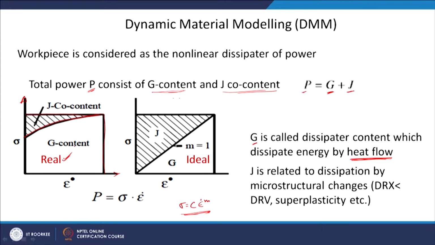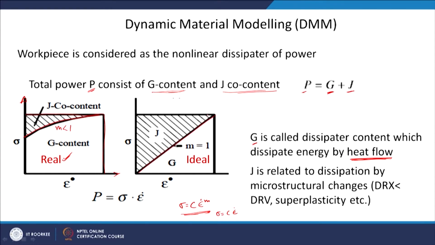Whereas, if I take an ideal system, m must be lower than 1 in a real case. If m is equal to 1, then it will obviously be a linear relationship. So, sigma will be directly related to epsilon dot, with no constant, so it will start from 0 and be just a straight line.